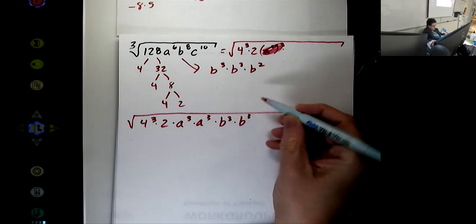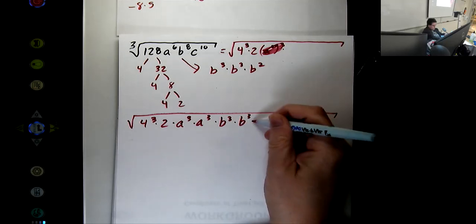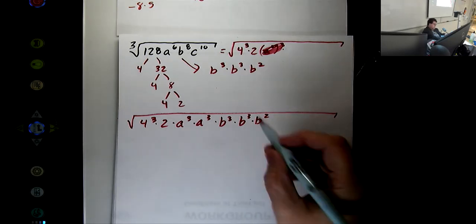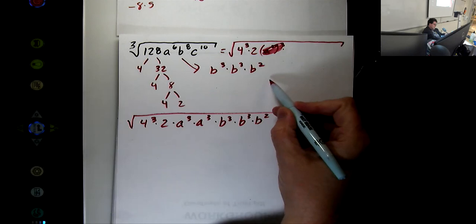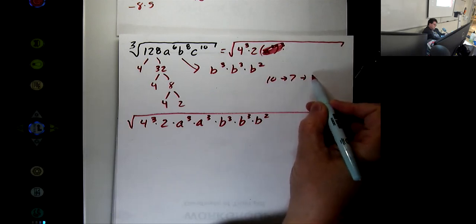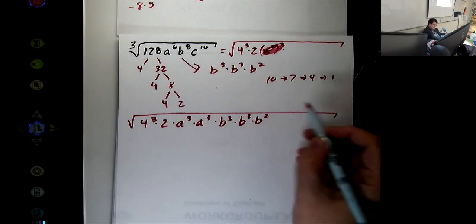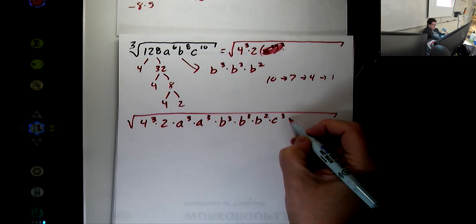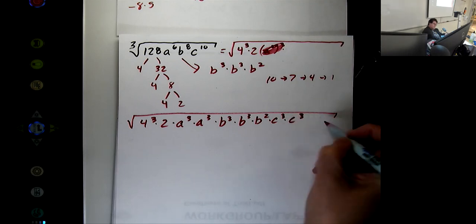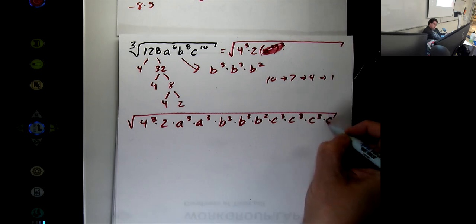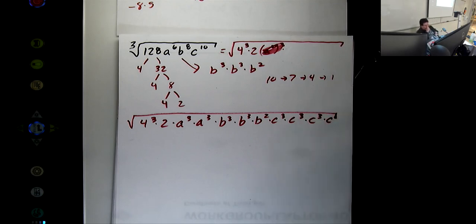And I can't subtract 3 from 2, so I just stop with the 2. C, I can go from 10 to 7 to 4 to 1. So the 10 going to a 7 is c cubed. The 7 going to a 4 is c cubed. The 4 going to a 1 is c cubed. And then I'm just left with a c to the first power.